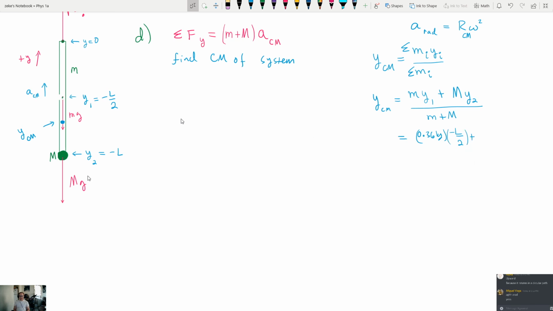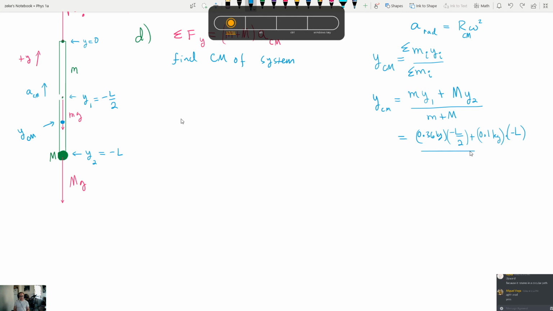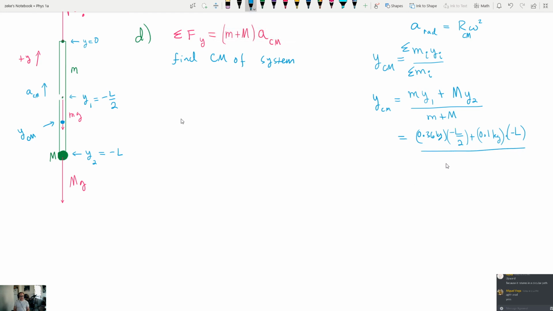Plus the mass at the end right here, which is 0.1 kilograms, and we multiply this by its y-coordinate, y2, which we're calling negative L. And then we divide by m plus M, so by 0.36 kg plus 0.1 kg.